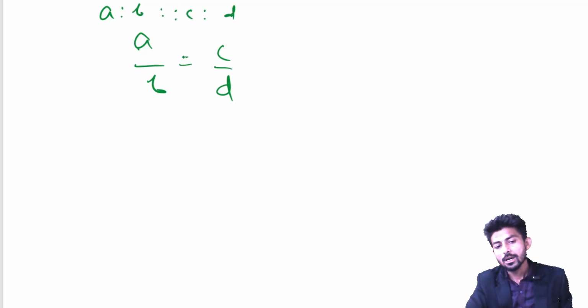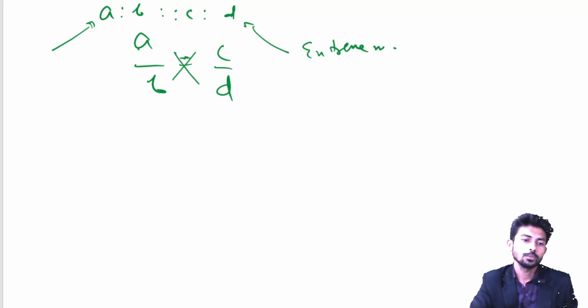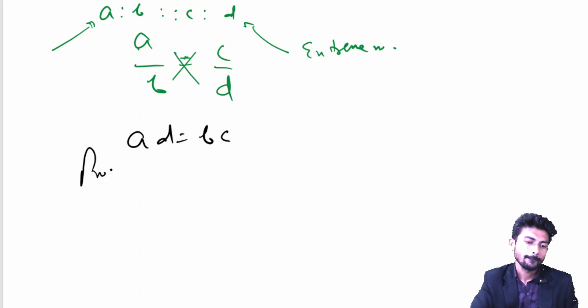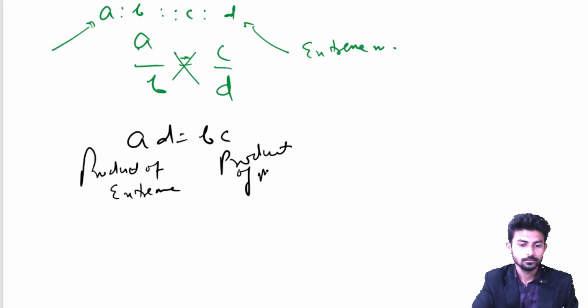Now these outer numbers are also known as extreme numbers, and whenever we perform cross multiplication, we write ad is equal to bc, and we also say that the product of extremes is equivalent to the product of means. So these are also the mean numbers.